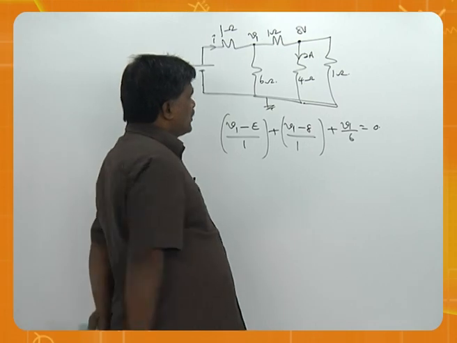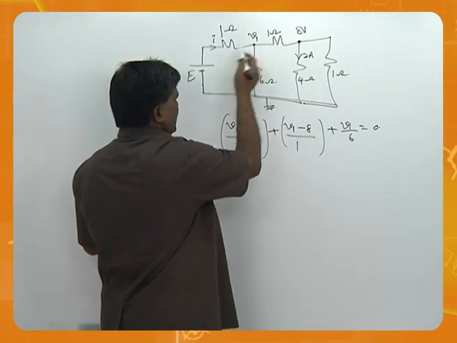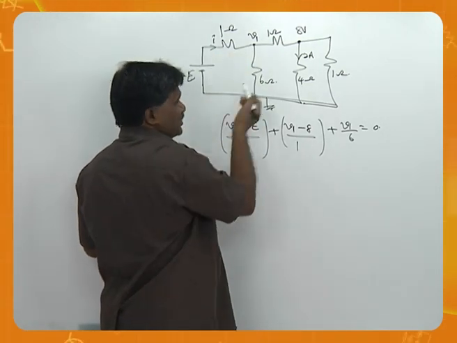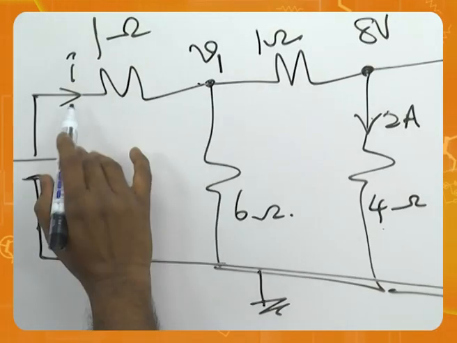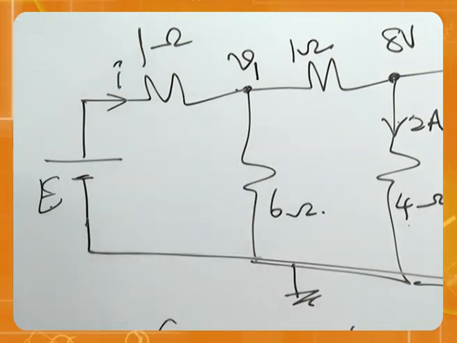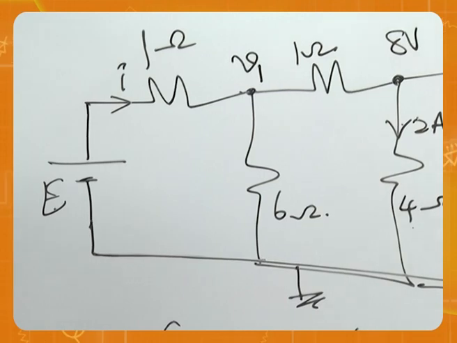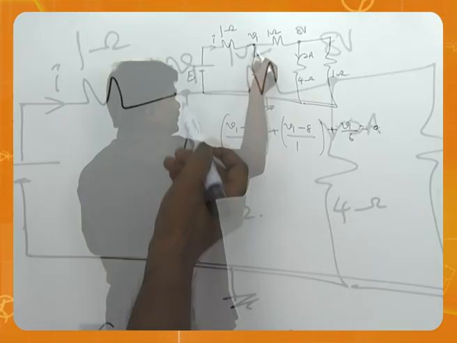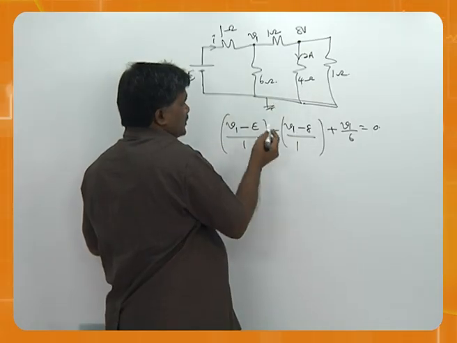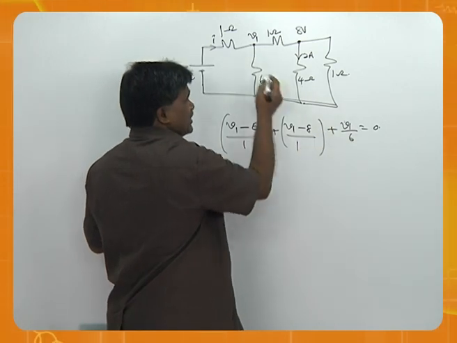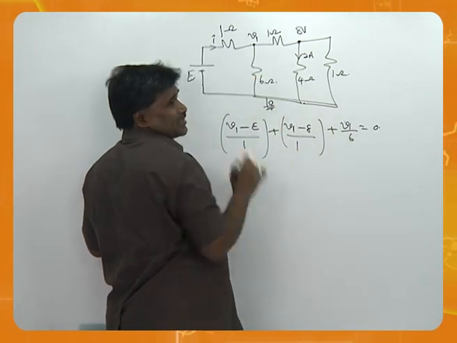Think of this equation: (V1 minus E) by 1, because the current is leaving. I am not considering this current, I am considering all currents leaving. This is the normal notation in all Kirchhoff's laws. Actually this is not V1 by 6, it is V1 minus 0 by 6.